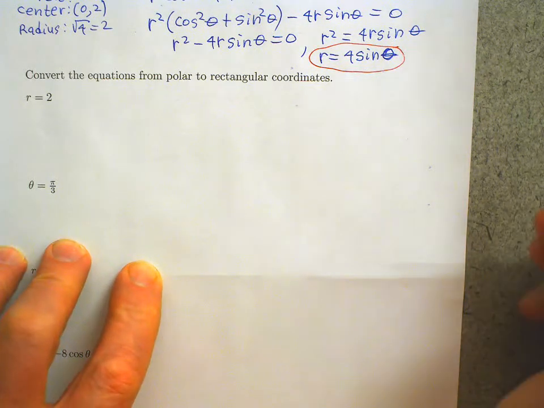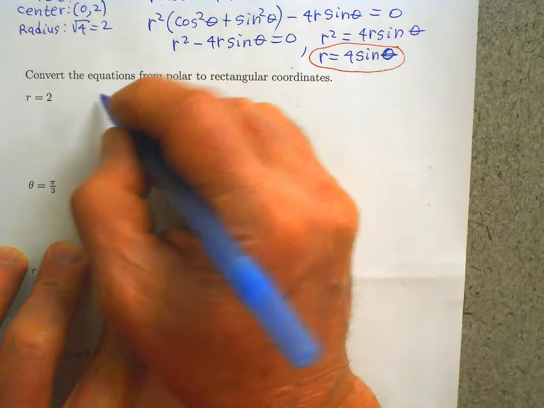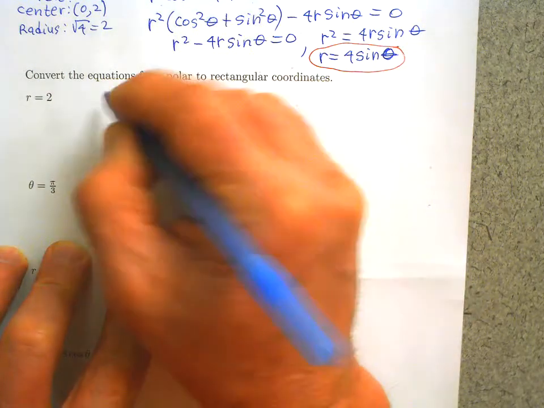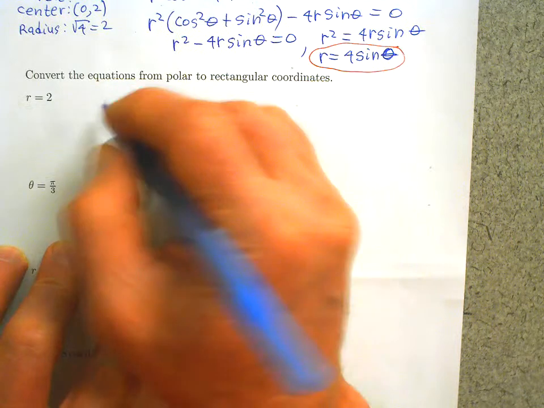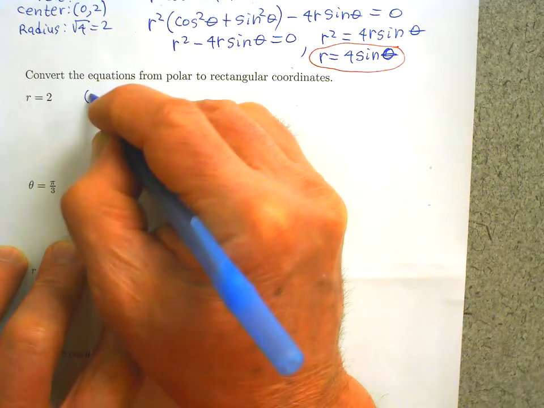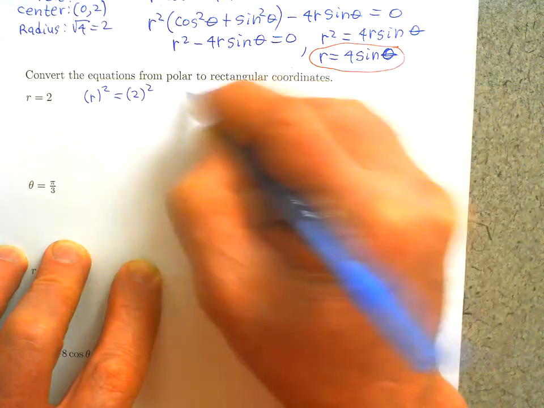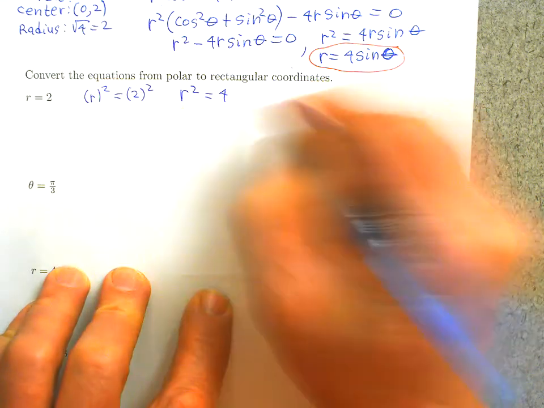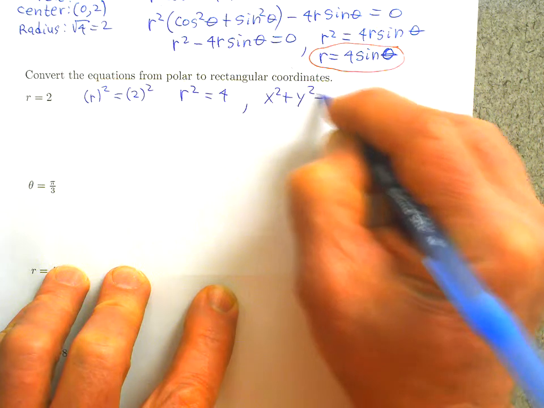Okay, but when we convert this to rectangular coordinates, well, actually, what I want to do is I just want to square both sides. So r squared equals 2 squared. r squared equals 4. But then remember that r squared is x squared plus y squared, so x squared plus y squared equals 4.